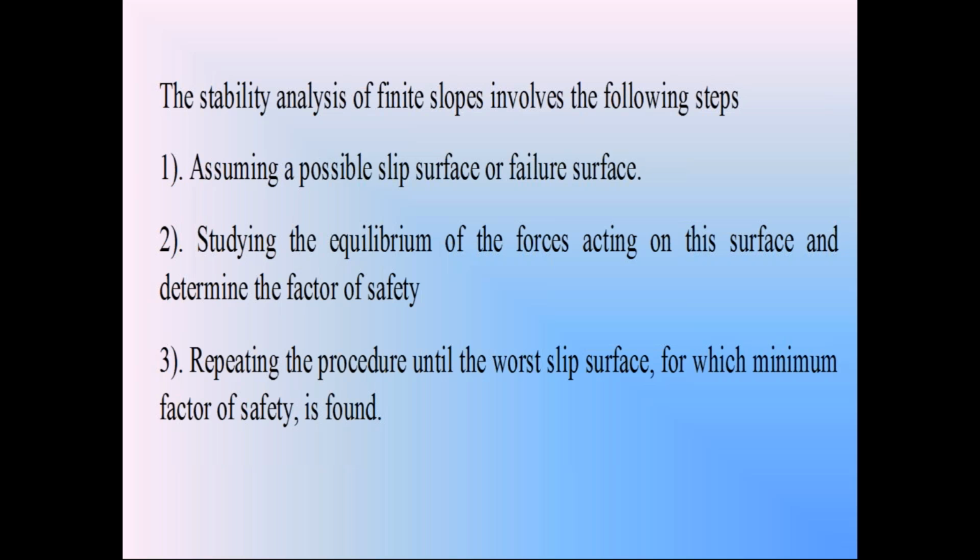First, we prepare the plan of the embankment, the plan of the earth dam, or the plan of the canal slope on the graph sheet. After the preparation of the plan on the graph sheet, select a convenient failure surface in that plan by assuming either the wedge failure or the rotational failure. If it is rotational failure, assume a circular arc in that plan.